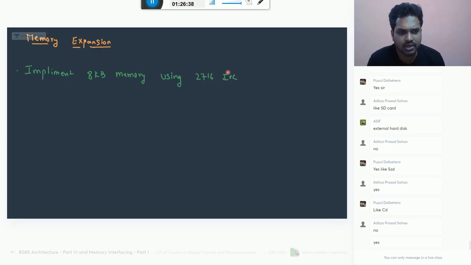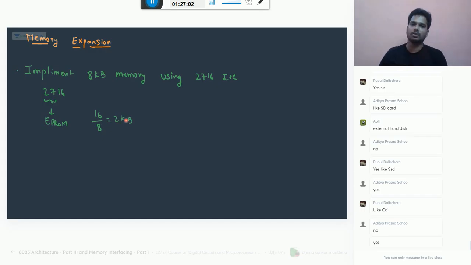It is not required to remember, but I will tell you. 2716 means 27 says it is an EEPROM. 16 by 8 is the size, 2 KB. So 2 KB is the size of the memory. You have 2 KB memory. How to make 8 KB memory?